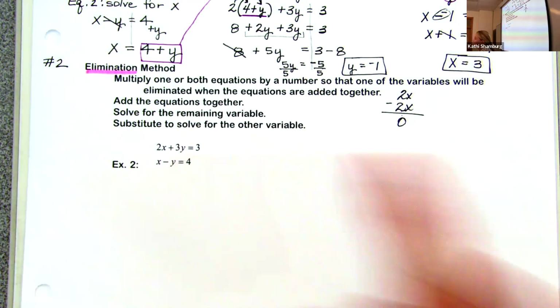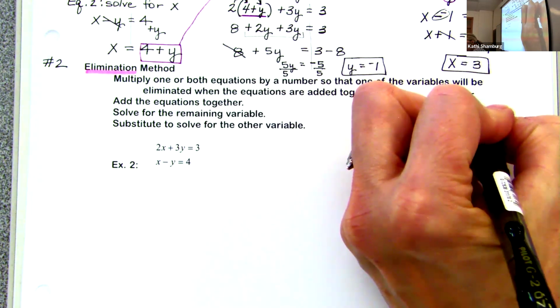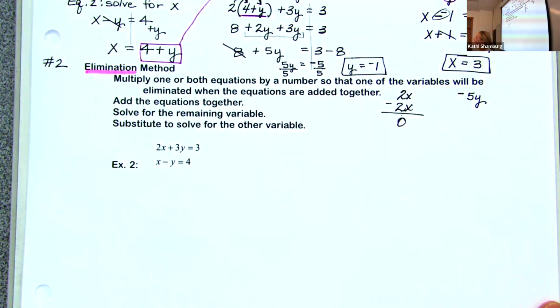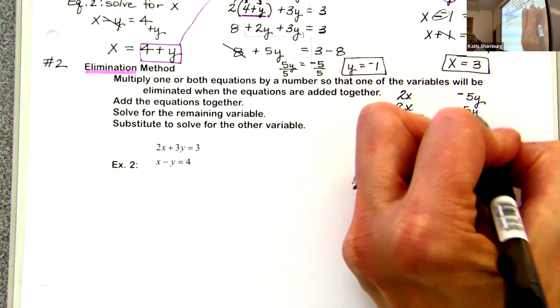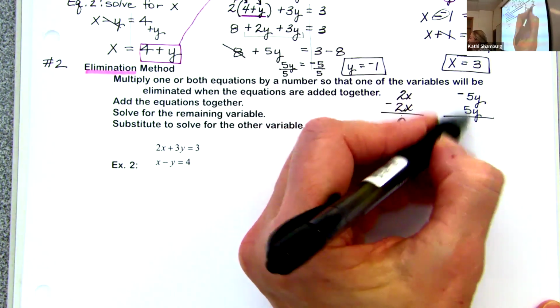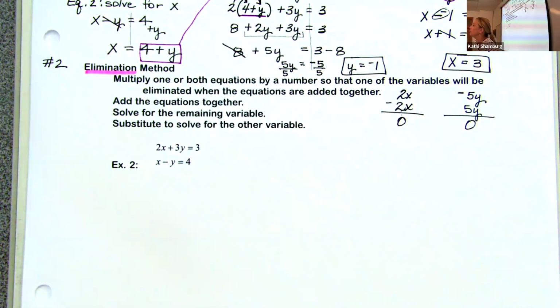Now, I'm not going to choose this, I'm just going to choose something random. Let's say my y coefficient was negative 5y. What would be its opposite? Positive 5y, because when you add a term with its opposite, it always gives you 0, which would then be eliminated. Okay?